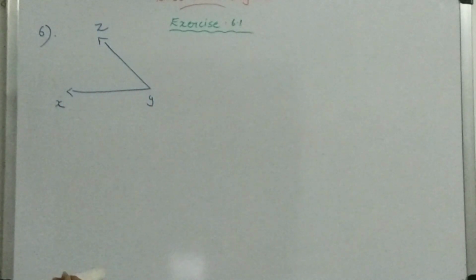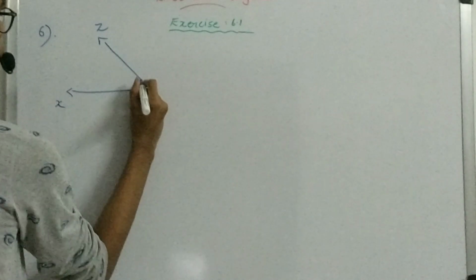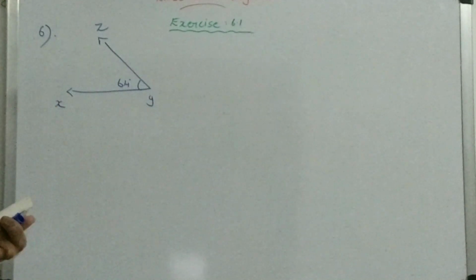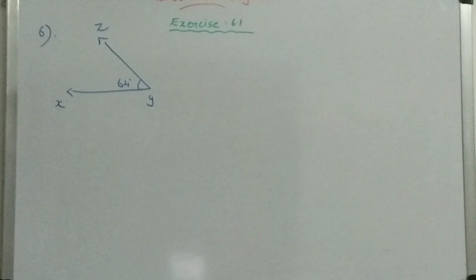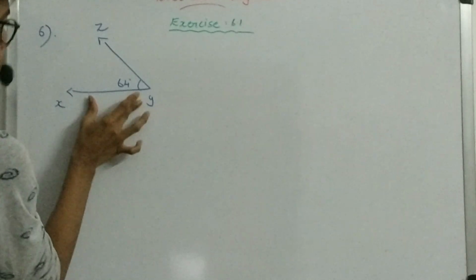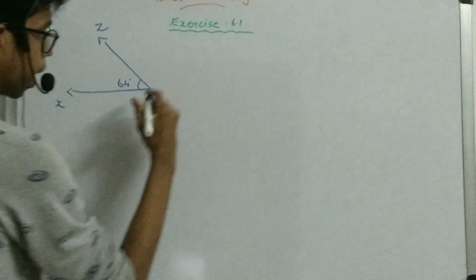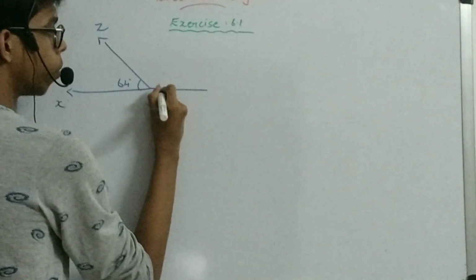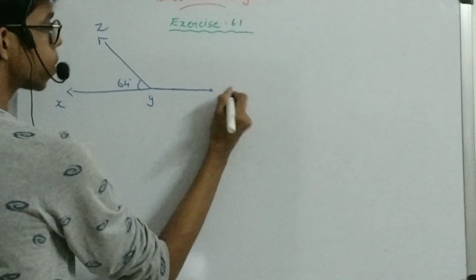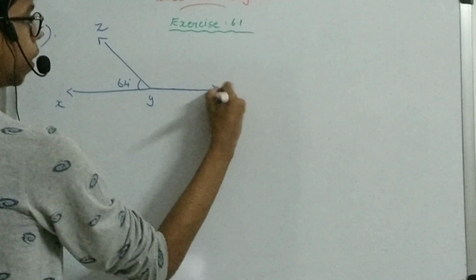And it is given that angle XYZ is equal to 64 degrees, so this angle is 64 degrees, and XY is produced to a point P. Produced means we have to just extend it.